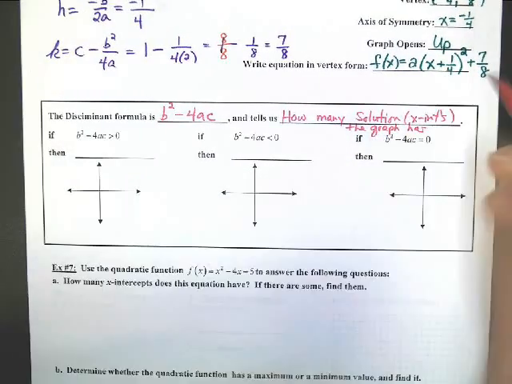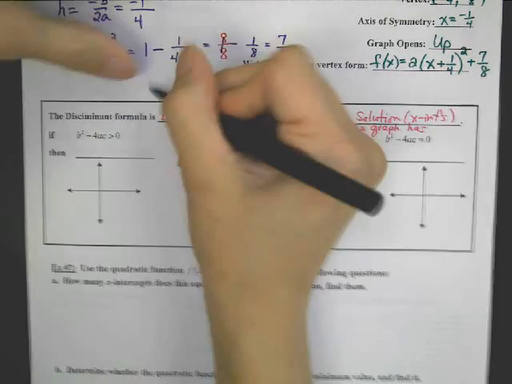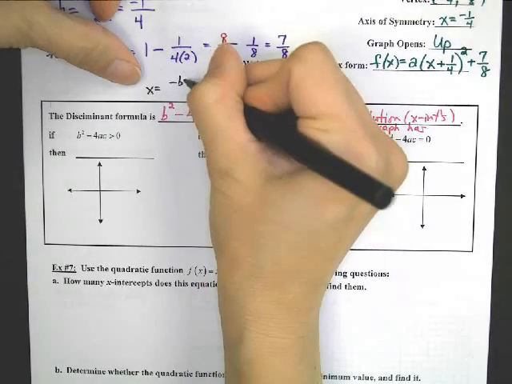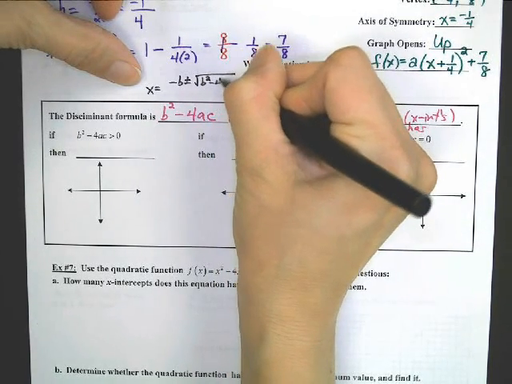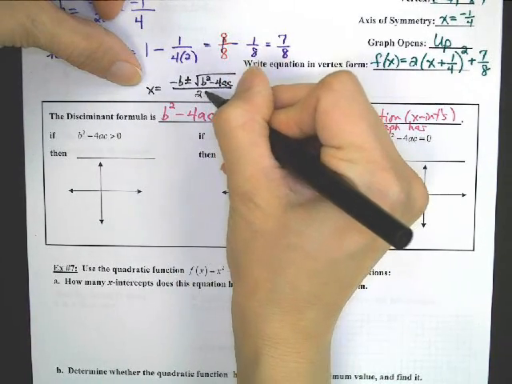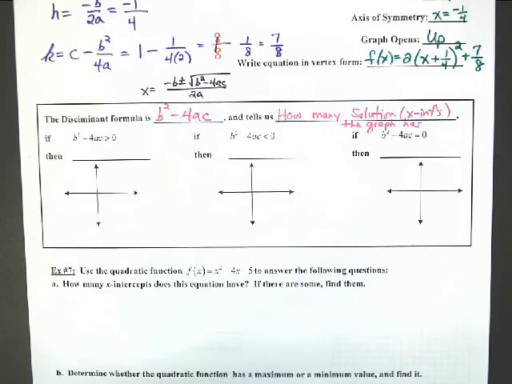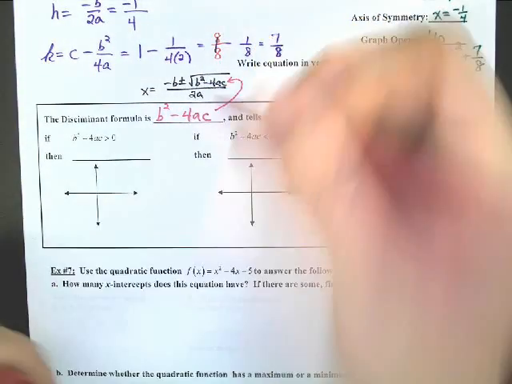So it's from the quadratic formula. Remember the quadratic formula? X equals negative b plus or minus the square root of b squared minus 4ac all over 2a. So where is the discriminant located? It's under the radical in the quadratic formula.